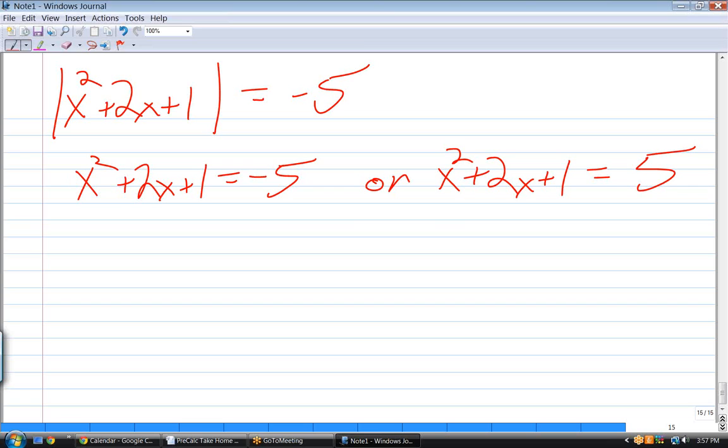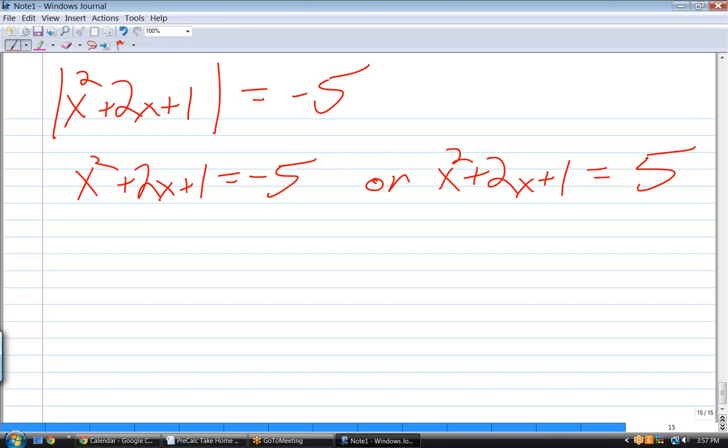How do you solve the one on the left? So we're going to be like terms first? Well, this is a quadratic. The typical way to solve a quadratic is to make one side 0, right?